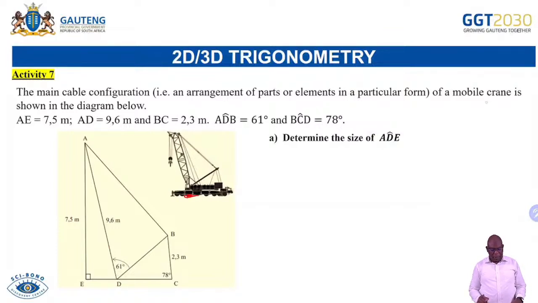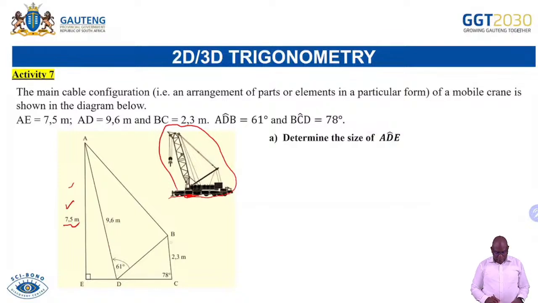Of that mobile crane is shown in the diagram below. So if they have a picture of that crane, they will also draw a sketch of that, just to help you. Now, AE is given, so you must go to the sketch. Sometimes you find that the things on the sketch are not the same, so you must always be on the lookout. AE is given as 7,5 meters.